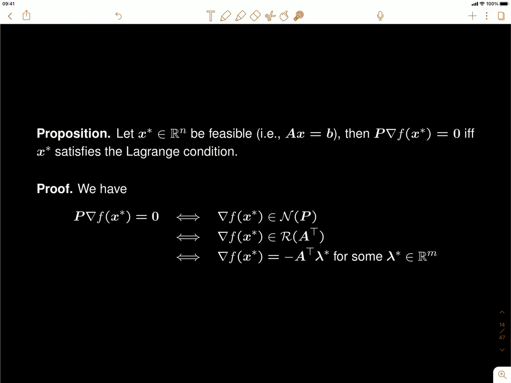Now we're ready to show what the projected gradient method is. Remember that we're trying to minimize f of x subject to Ax equals b, and we know the projected gradient method is to compute, for any point xk that we have right now, the next iterate by projecting xk minus alpha k, where alpha is the step size, times gradient f of xk.